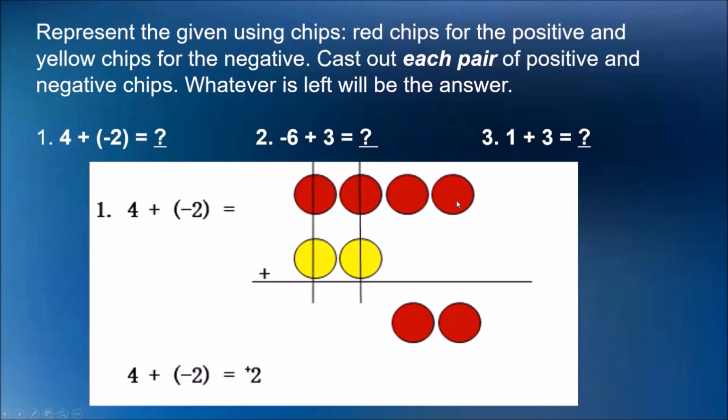So, may 4 na red chips at may 2 yellow chips. So, cast out ang 2 red and yellow chips, may natirang red chips. And red is a positive, therefore, positive 4 plus negative 2 is equal to positive 2.